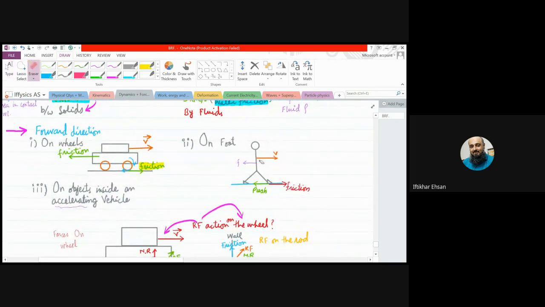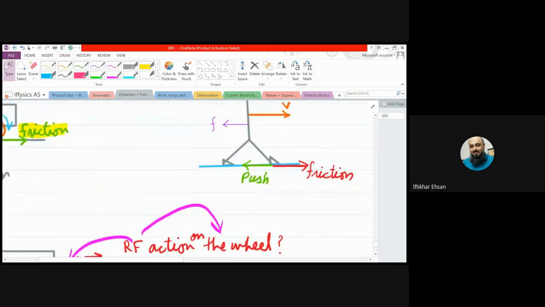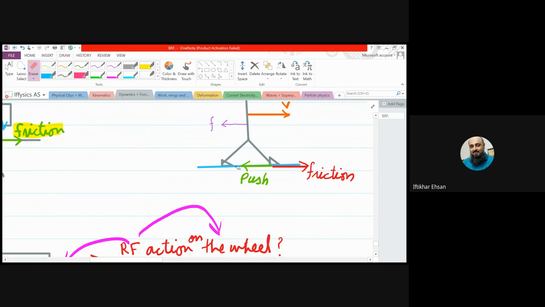Similarly, the friction on the foot, not friction on the person. Let's say a person is walking, and when he is walking, he pushes the ground backward with his foot, right? And when the foot is pushing backward, it means the foot is applying the force in this direction, trying to move the earth in this direction. The movement of the foot at that position when pushing the earth backward is in this direction towards the left, and the friction is against the movement, so that will be forward.